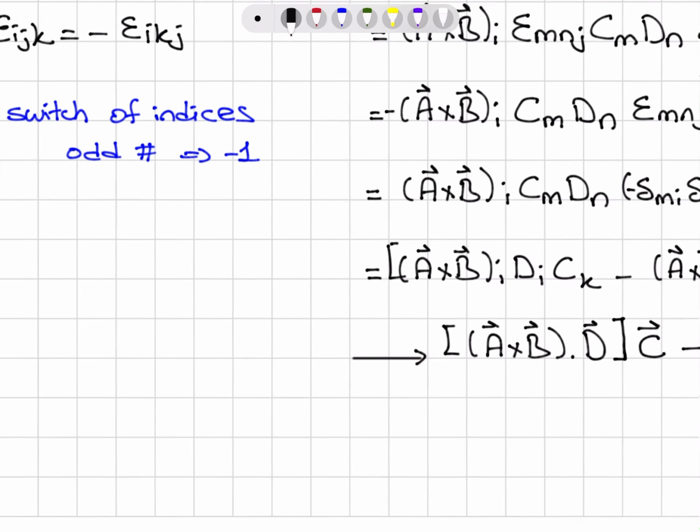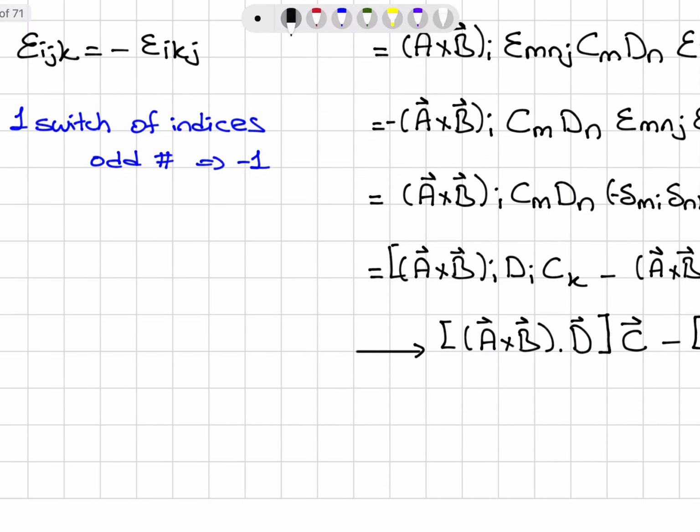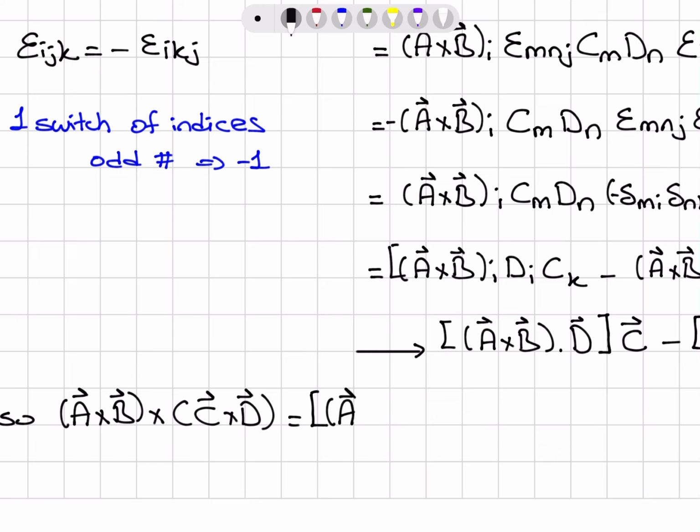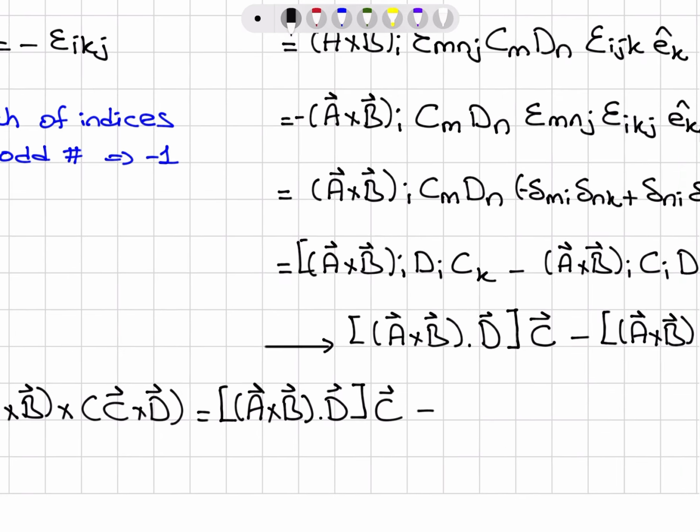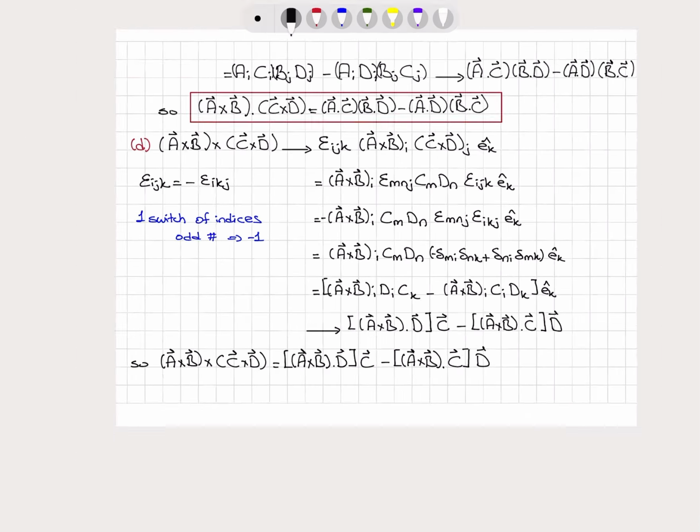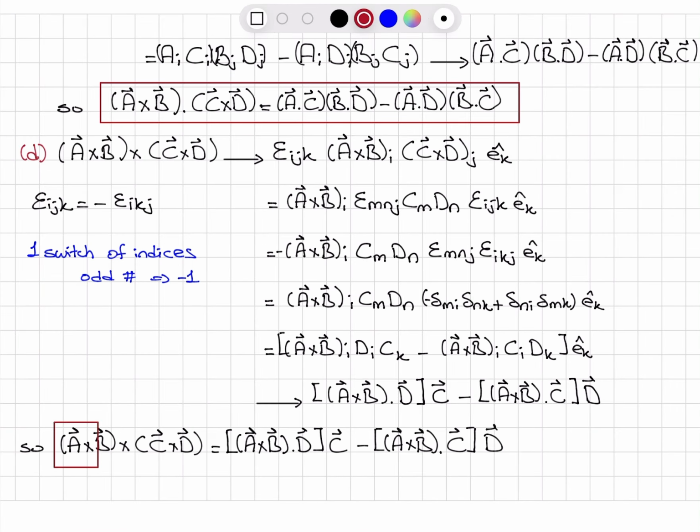So finally, we have proven that A cross B cross product with C cross D is equivalent to A cross B dot product with vector D multiplied by vector C, minus A cross B dot product with vector C multiplied by vector D. So that's the identity we were trying to prove.